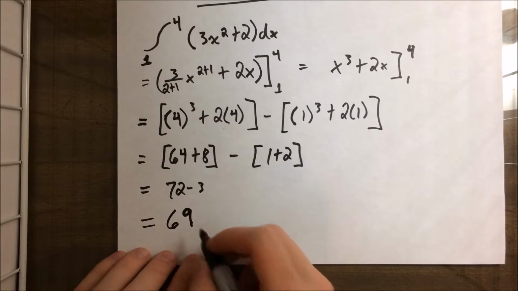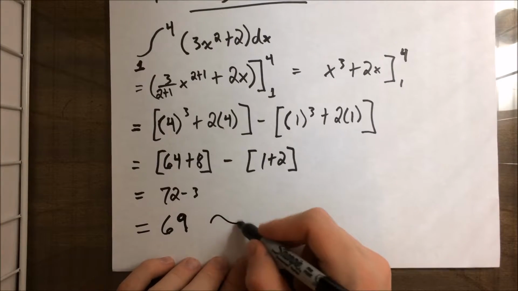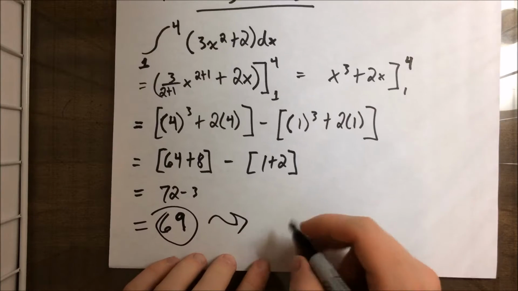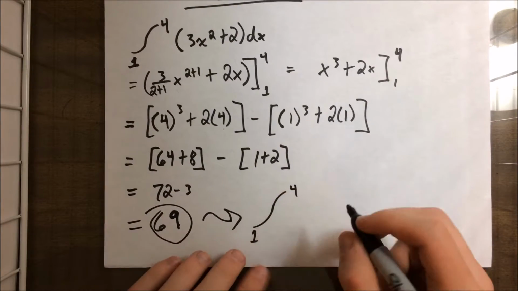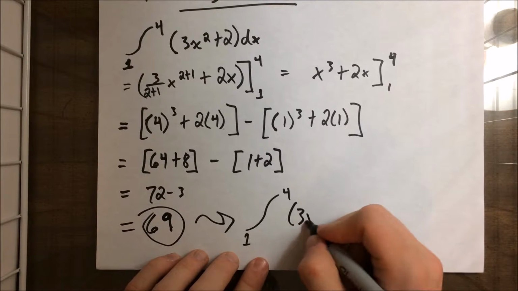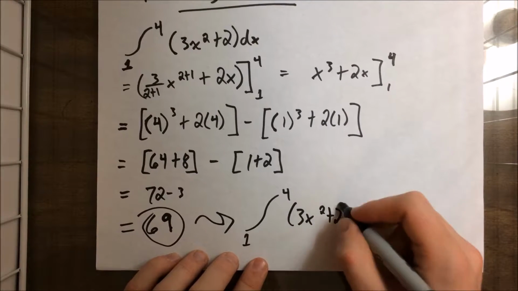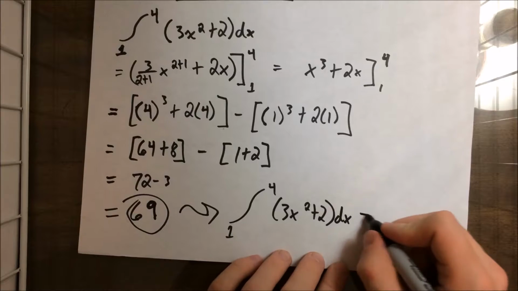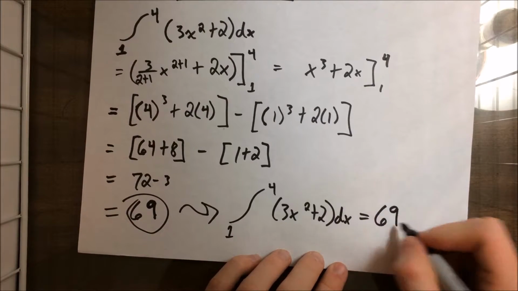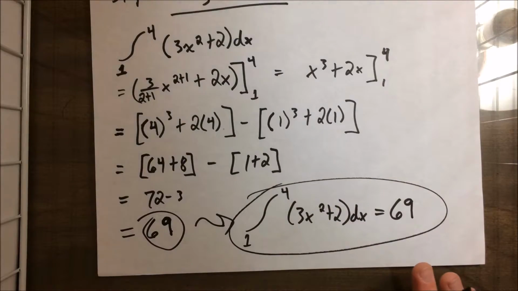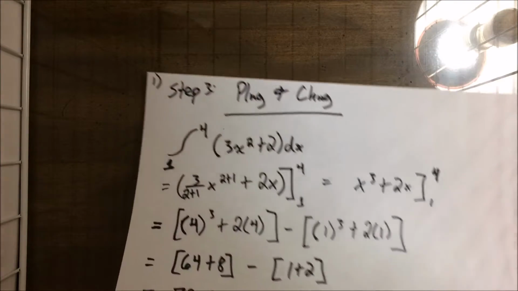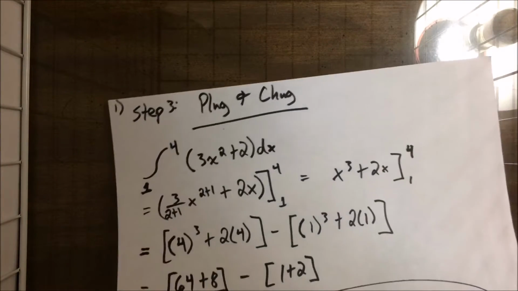Okay, so this is your final answer. So we can rewrite the original equation: the integral from 1 to 4 of the function 3x squared plus 2 dx is equal to 69. And that's your answer. Okay, so let's go ahead and look at another example.